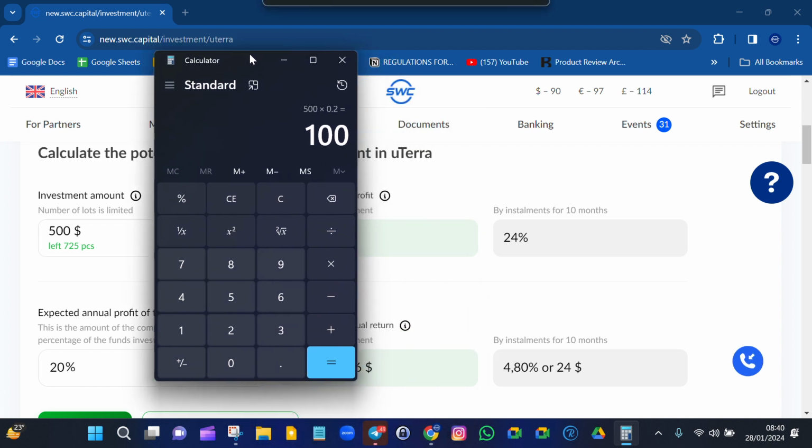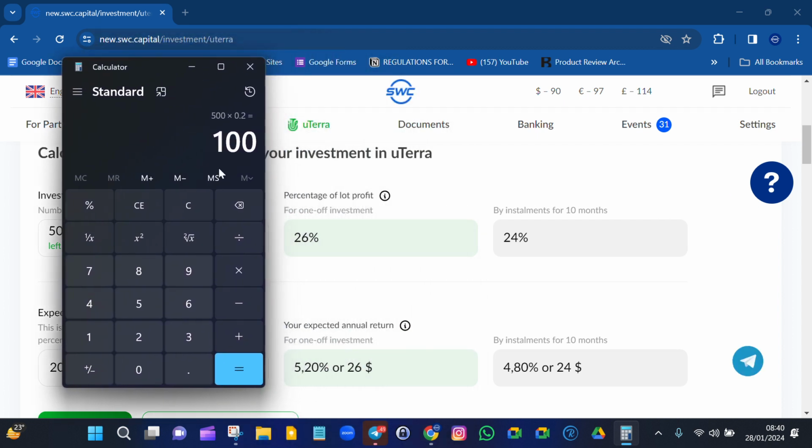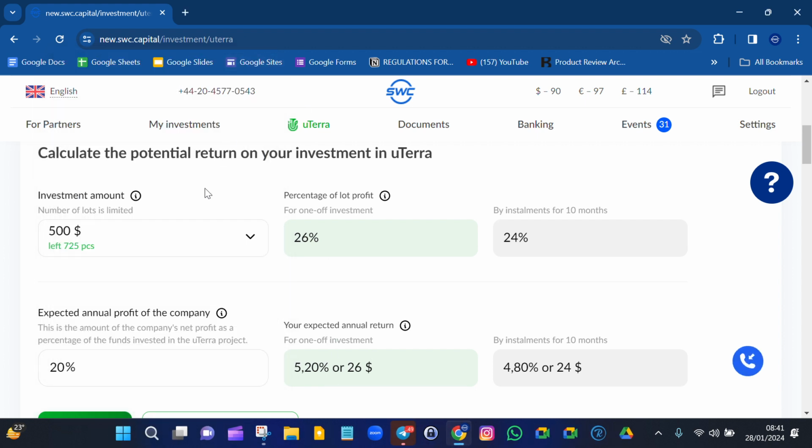Now, what is 26% of $100? Okay, $100 multiplied by 26% gives us $26, which is what you expect to receive per year if you make a $500 investment in this project.